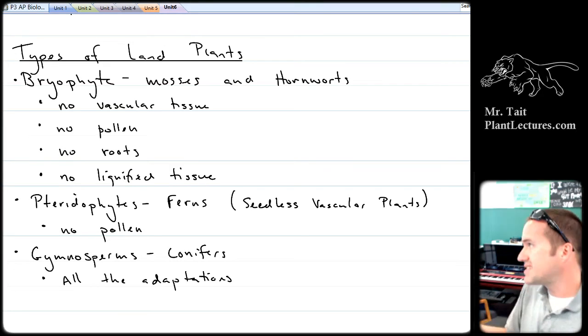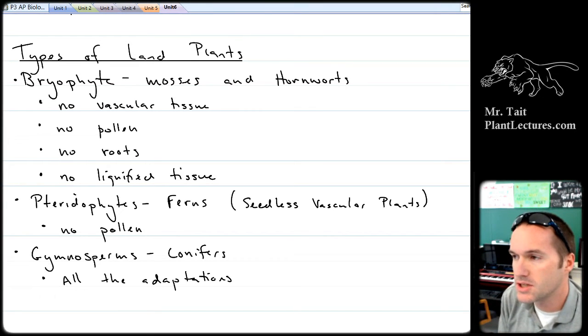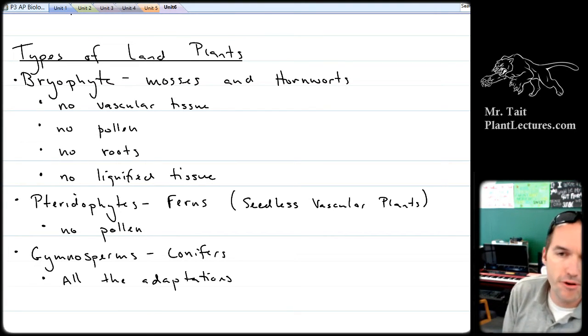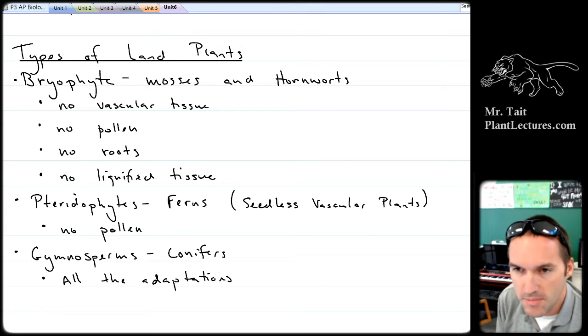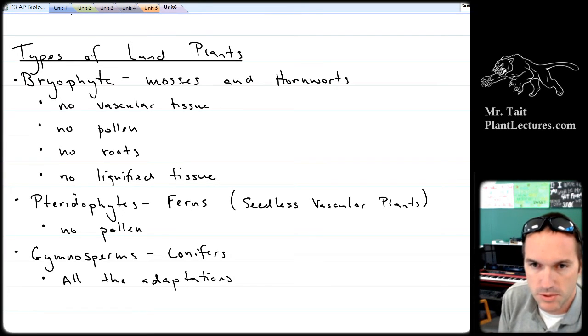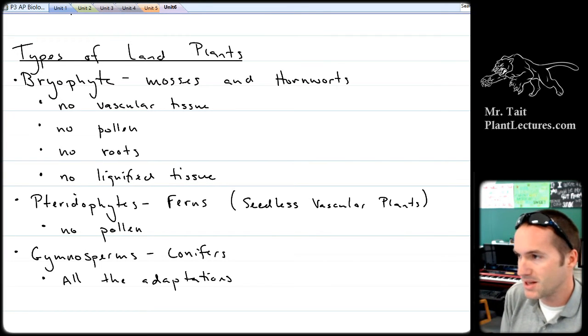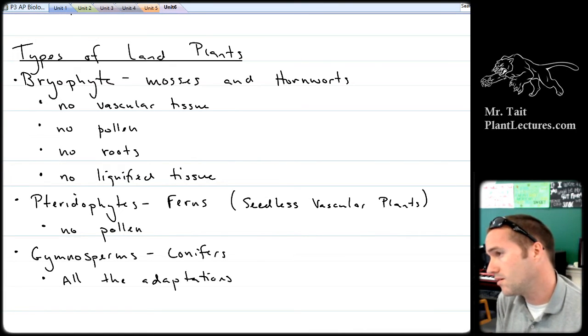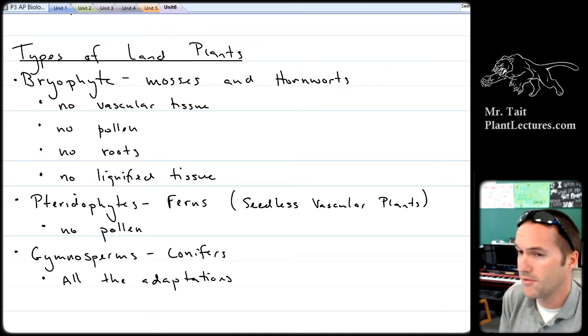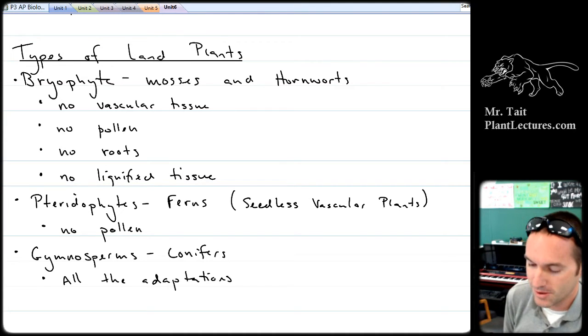Okay, so as these plants got more and more of the adaptations, they could move further and further away from water. Moving further away from water was beneficial to them because it would reduce competition, and it would also reduce predation. It would reduce the amount of organisms that would eat them, because the only organisms that were really eating them had to stay near water, and if they could get away from the water, then they could get away from those organisms, right?